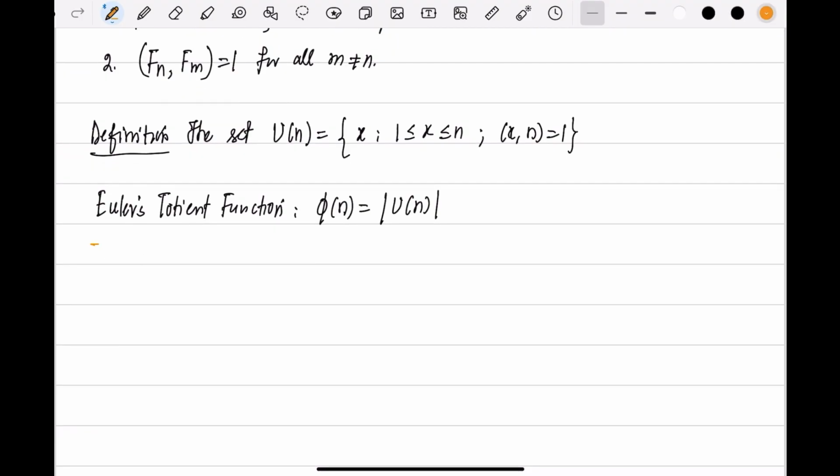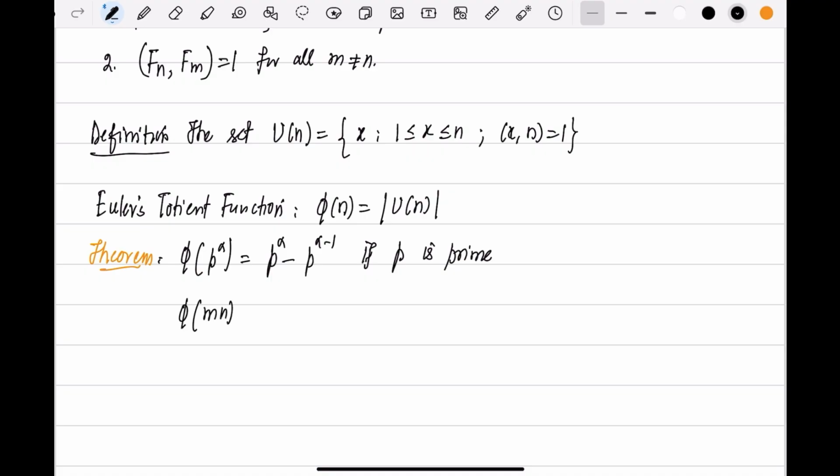So we have it in the form of a theorem. We have phi of p power alpha equal to p power alpha minus p power alpha minus 1, if p is prime. So we have a prime number p, and phi of p power alpha is p power alpha minus p power alpha minus 1.